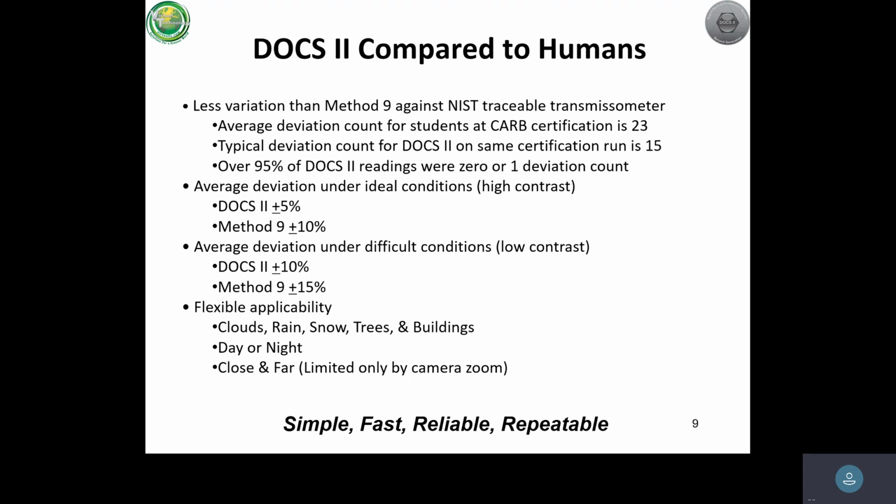Most humans who go to that same school, and we did an audit of all of the CARB smoke schools, 2011 to 2015, and you'd be surprised how many people got certified who shouldn't have been, and how many people failed who shouldn't have failed, as a result of mechanical issues associated with a transmissometer dropping and hand transcribing that value.